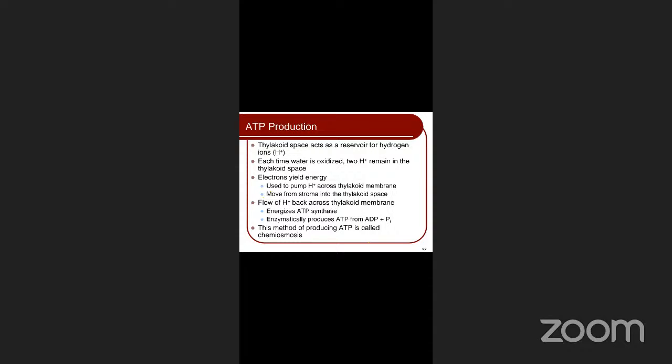These protons in the thylakoid lumen arise from the oxidation of water and of PQH2, the hydroquinone. This oxidation results in a hydrogen ion concentration in the lumen around 1000 times greater than in the stroma.